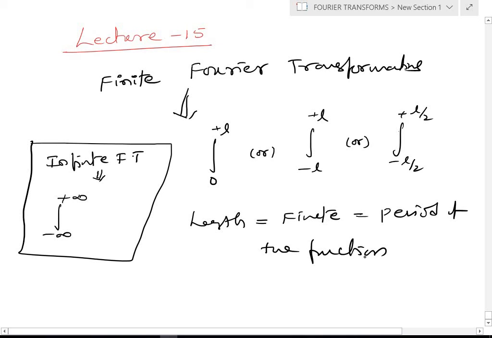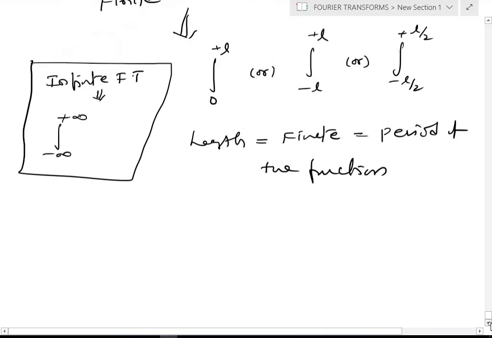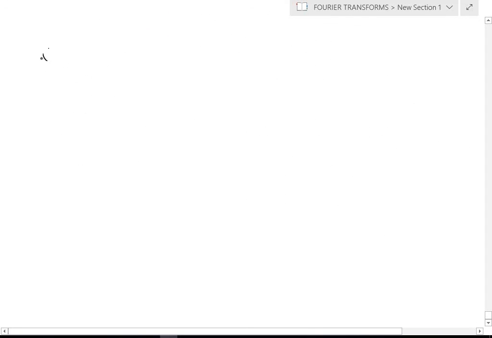So now how will we define the finite Fourier transformation of a function? Let me say a few words about the Fourier series. This Fourier series will be very familiar to you from your lower classes.